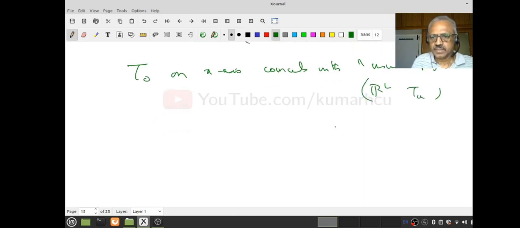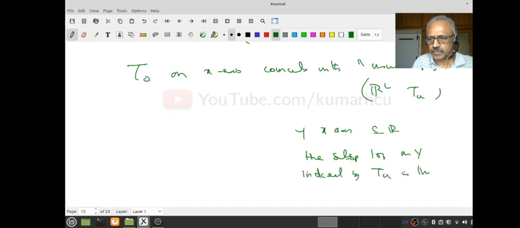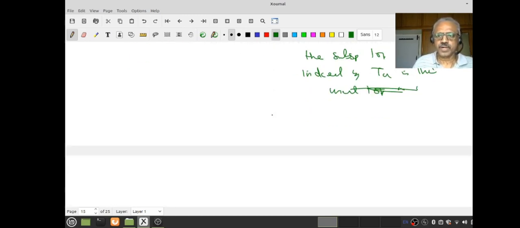And consider my x-axis Y as a subset of R2, then the subspace topology on Y induced by tau U is the usual topology. Okay, so these two topologies are the same. Okay, pause, review, proceed.